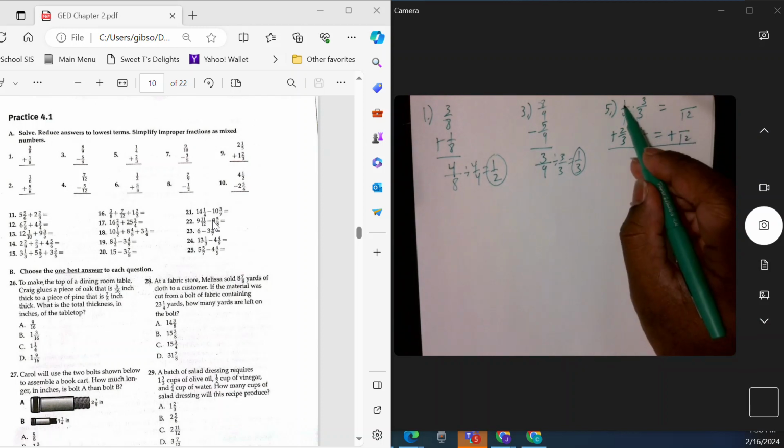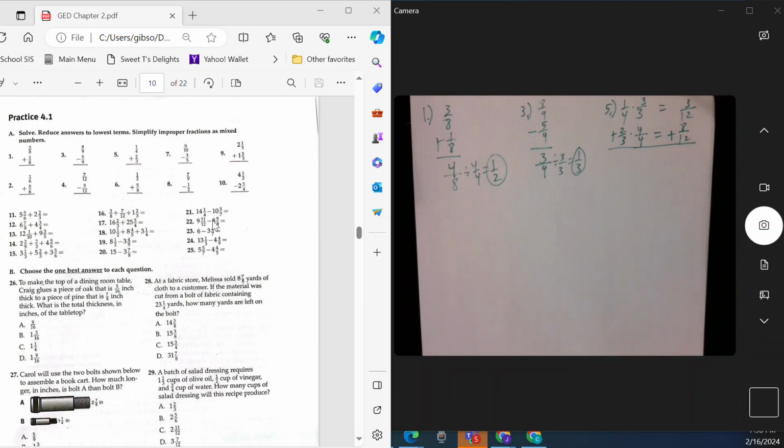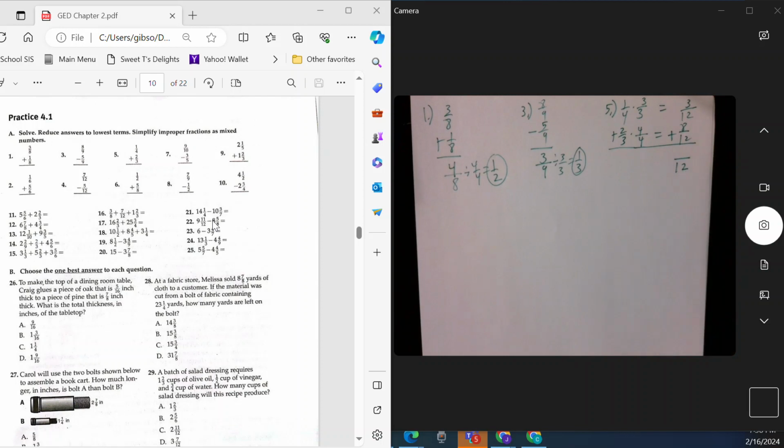So we multiply at the top. 1 times 3 is 3. 2 times 4 is 8. So now we have a common denominator of 12. We bring the 12 down, and we add the numerators. 3 plus 8 is 11. So that's 11/12.